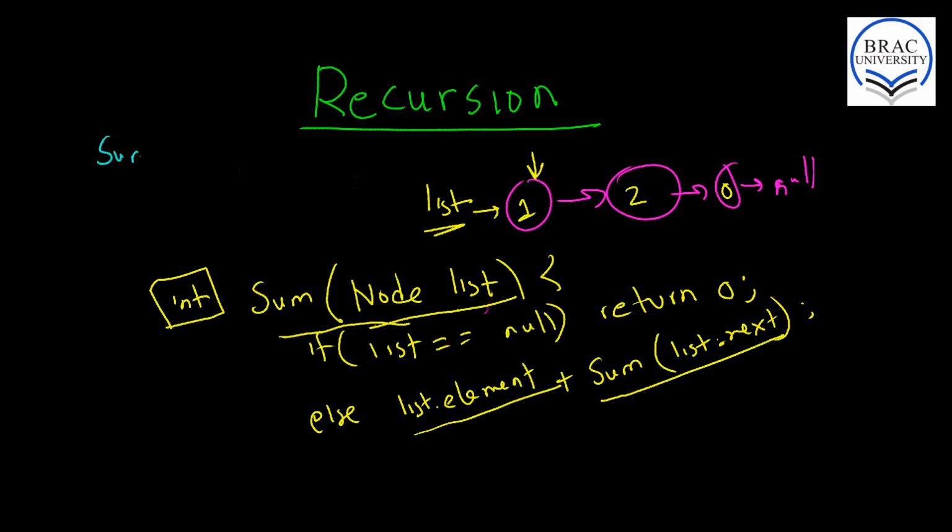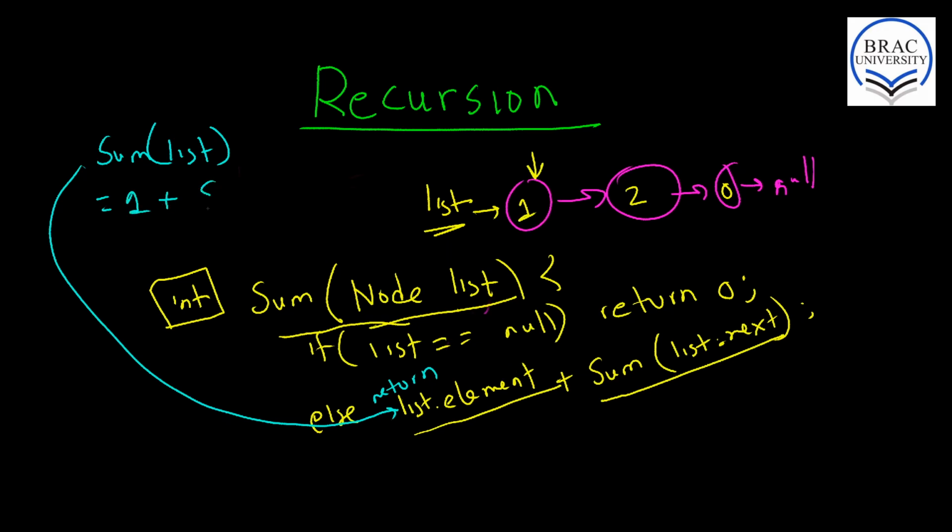if we call this function with some list, this will come to the else return clause. list.element is 1, so it will return 1 plus sum of list.next, which is this node.